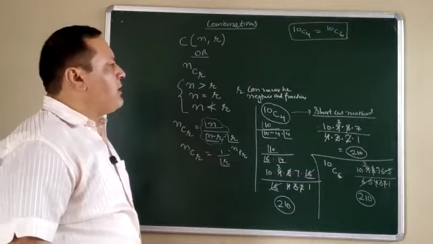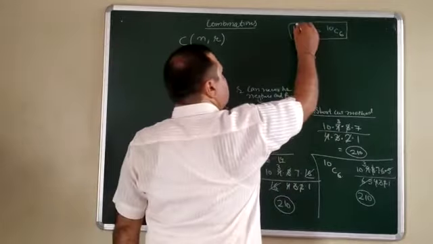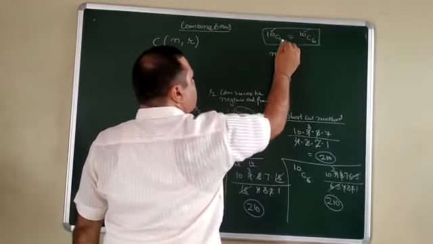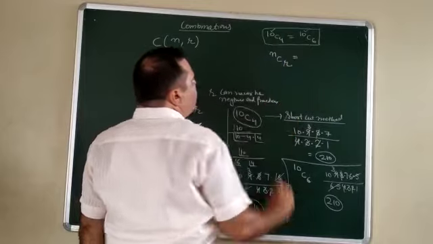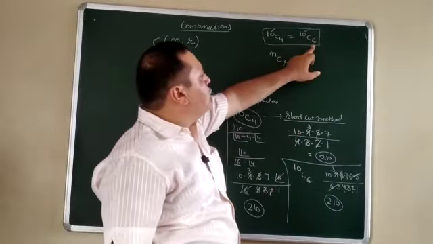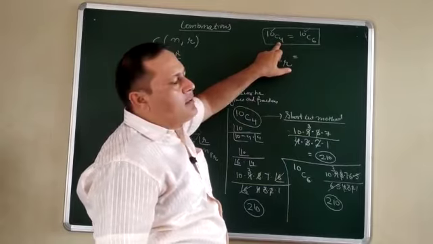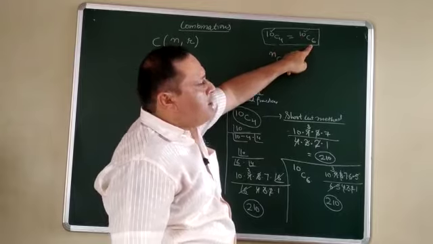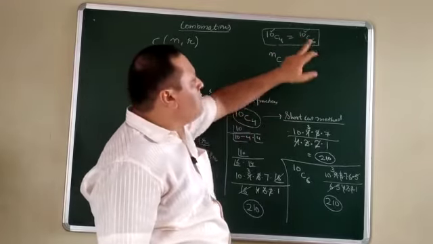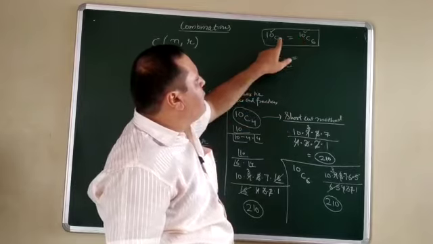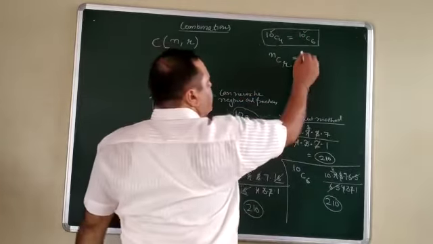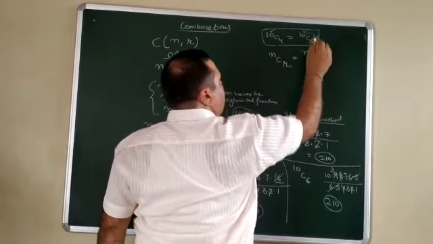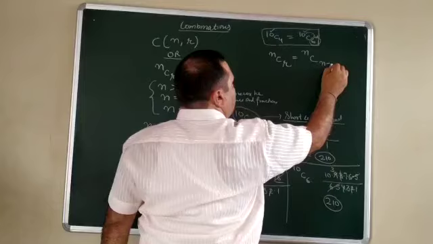Now we will implement one property. See this one, this is your n, this is your r. Is there any relation between this 10 and 6 so that you will get this number? We observe that 10 and 6 are related to each other by subtraction. If 6 is subtracted from 10, we get 4. So it is nC, and this 6 will be changed into 10 minus 6, that is n minus r.